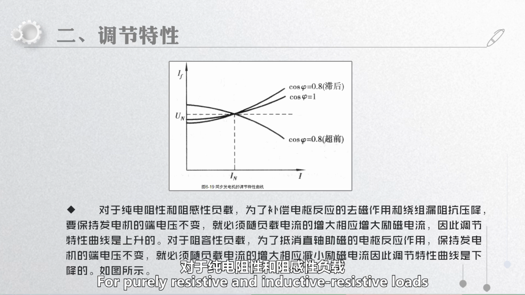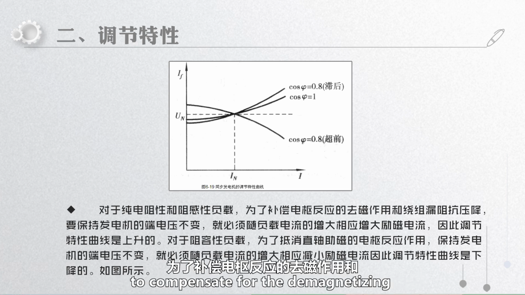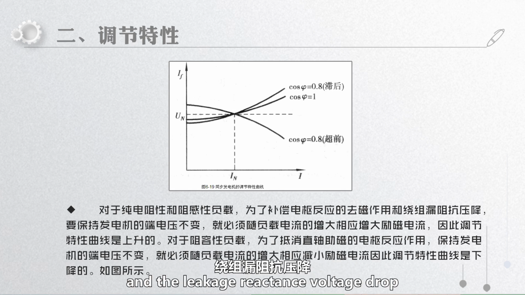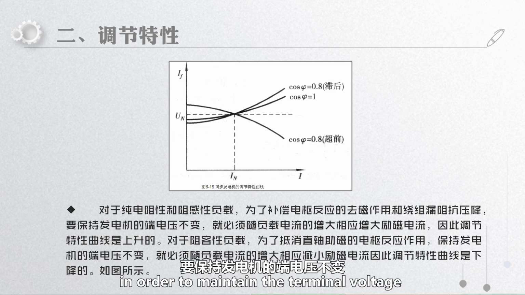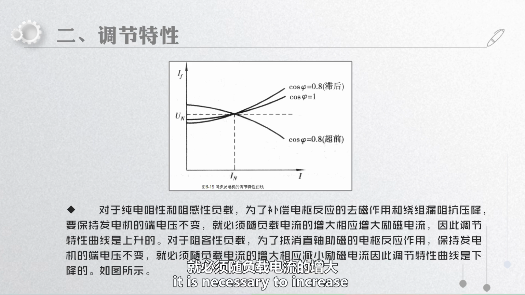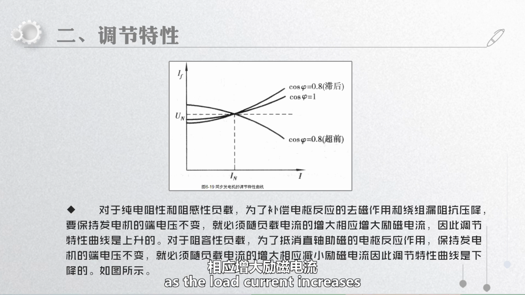For purely resistive and inductive resistive loads, to compensate for the demagnetizing effect of armature reaction and the leakage reactance voltage drop, in order to maintain the terminal voltage of the generator constant, it's necessary to increase the excitation current accordingly as the load current increases.